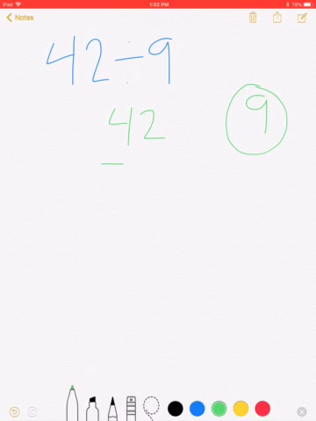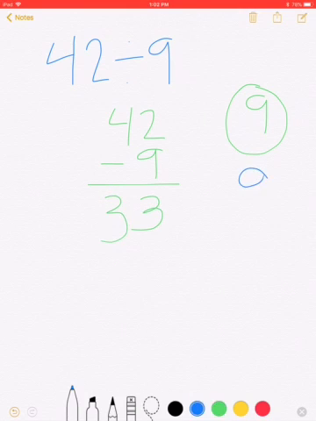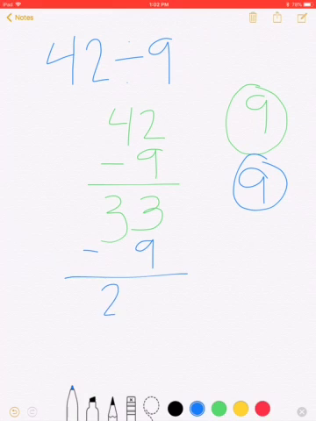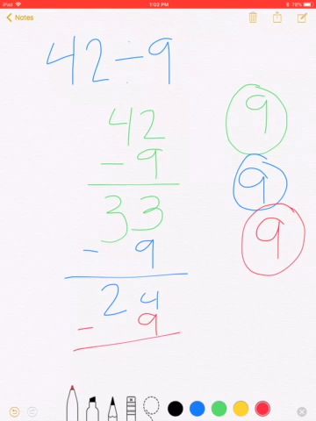Okay, there's one group of 9. Subtract 9. Okay, I have 33 left, so I still have enough to make another group of 9. Take away 9. I have 24 left. I still have enough to make another group of 9. I have 15 left.